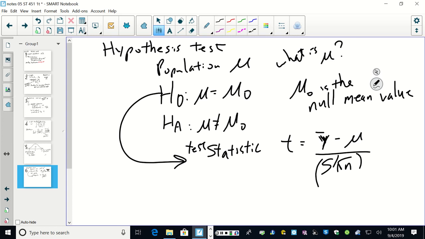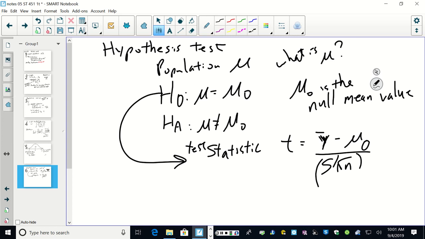But under the null hypothesis, it's mu sub 0. So if the null hypothesis is 0, then that's just going to be a 0 there, and it's just going to have the value of y bar. But if it's some other value, like we think that the average is supposed to be 100, or we have the population averages from the previous time period, and now we're doing a new sample under new conditions, it could be that average under the context.